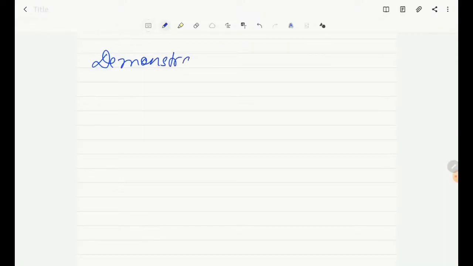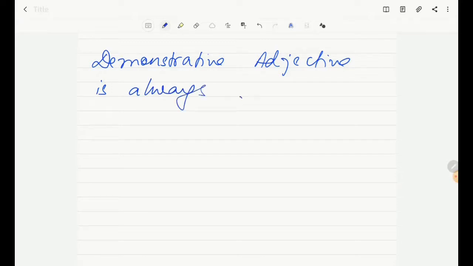What is a demonstrative adjective? A demonstrative adjective is always followed by a noun. I'm giving you an example. Always followed by a noun.